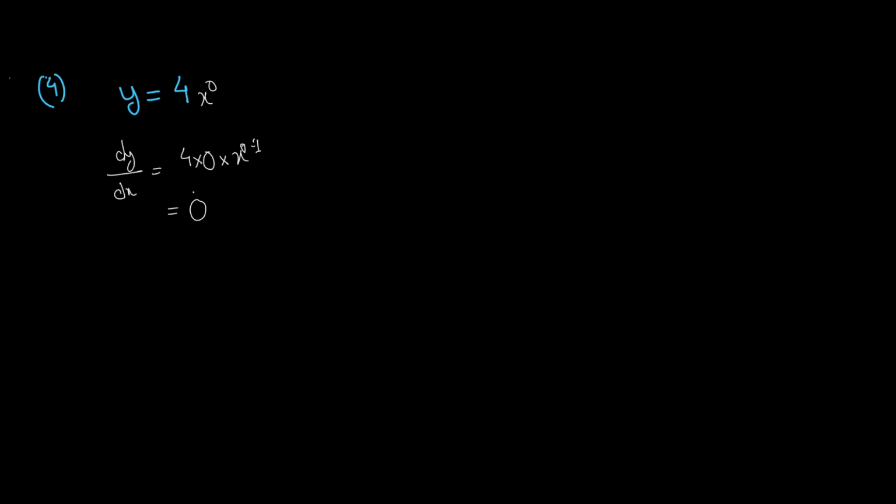Now let's look at another example. Here we are given a different expression, which is a bit more complex and long. We are given y equals 2x squared minus 6x plus 3. Our first job is to break it down into components.